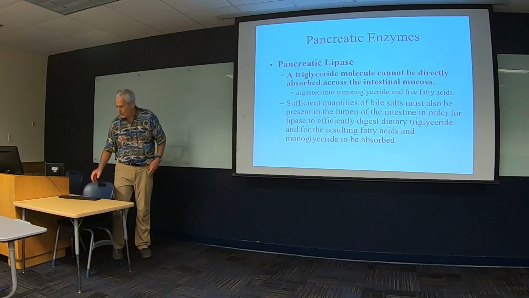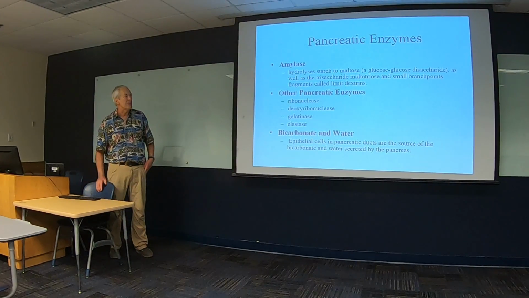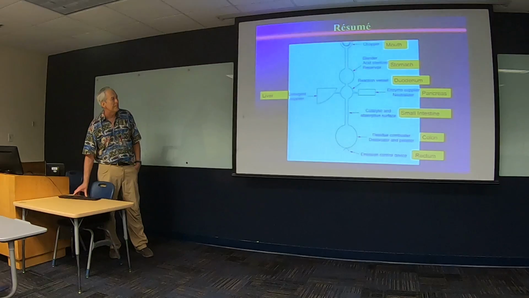So these are some of the different enzymes that are formed: ribonucleases, gelatinase, elastases. You also have bicarbonate water, and as I said, amylase, which hydrolyzes starch into maltose. So the maltose then gets broken down by other enzymes.